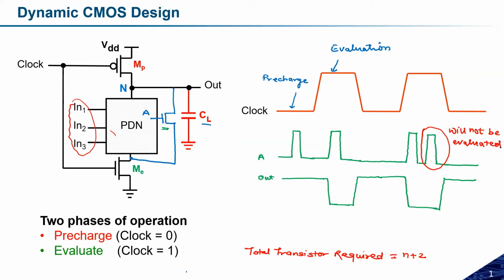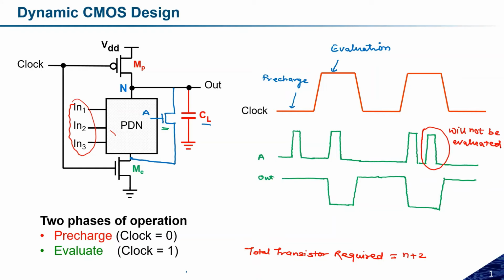So this kind of thing we should know. Now, what it means is that only one transition per evaluation phase is possible.